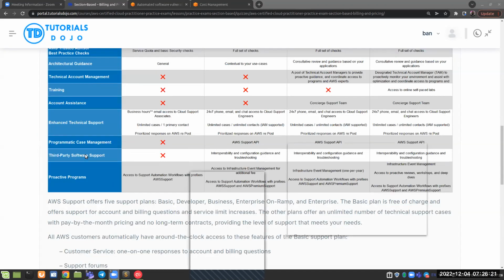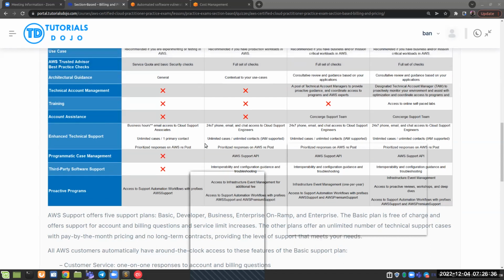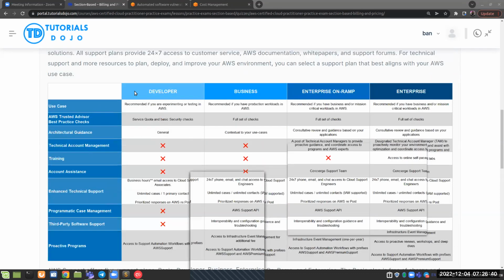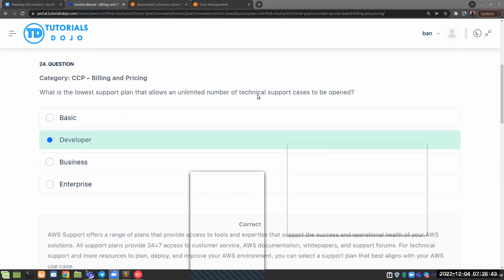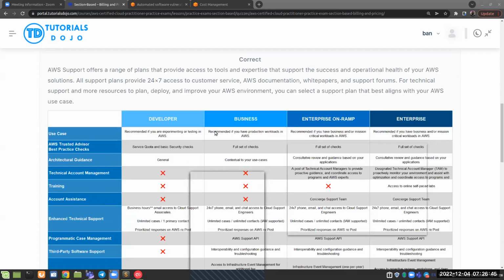To figure that out, you come to enhanced technical support, and you see that we are looking for an unlimited number of cases. What was the question again? Sorry. Unlimited number of technical support cases to be opened.